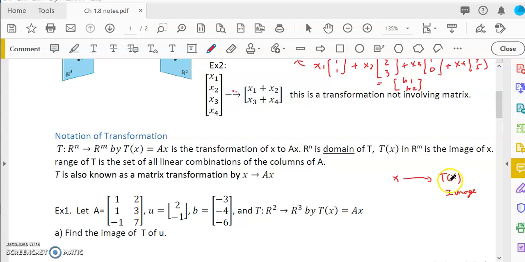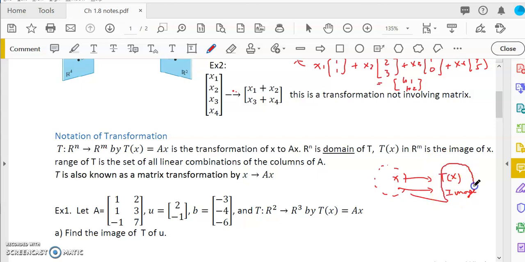What about the range? If you have all of Rn, a lot of them here, and you map to different ones, it may be all of Rm, but it could be just a small subset. So the range of T is the set of all linear combinations of the columns of A. So if you can combine all of the columns of A, then you would have all the images together, which is called the range.